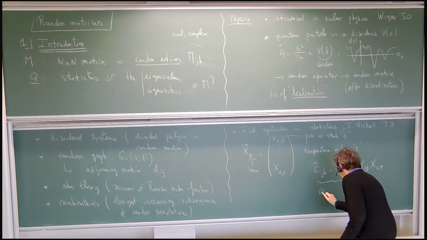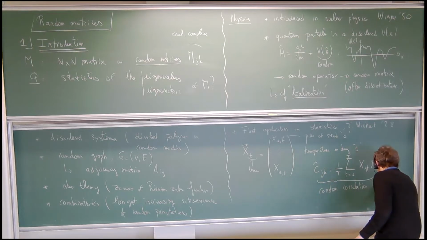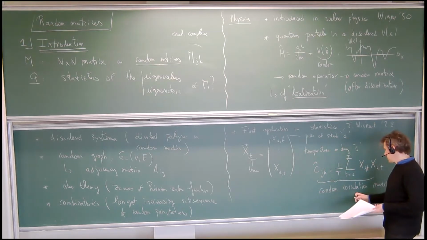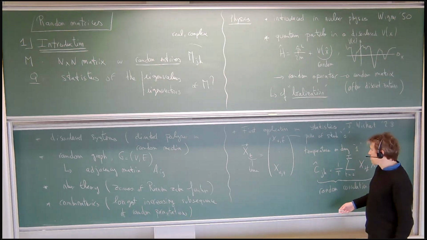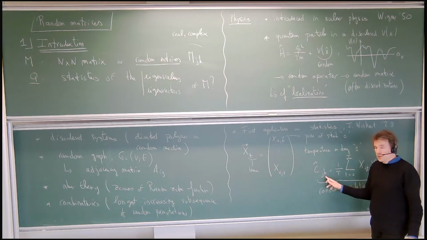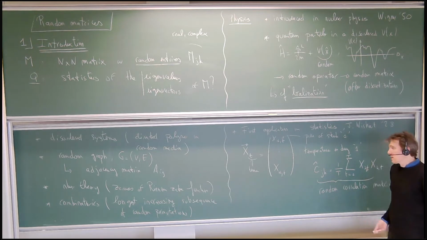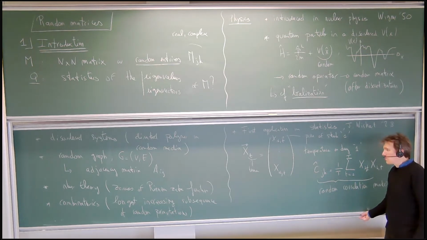And in order to get some information about these correlations, it turns out to be very useful to look at the spectral properties of this matrix. That's roughly speaking the aim of principal component analysis, which you might have heard of.